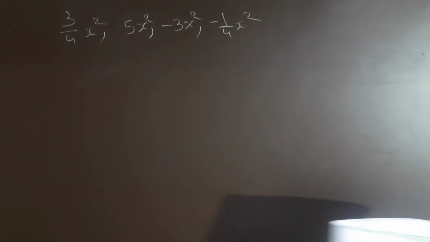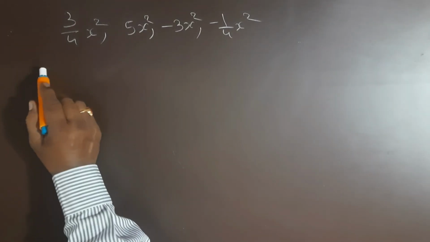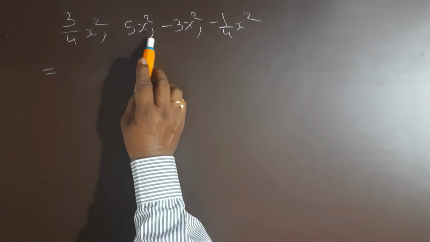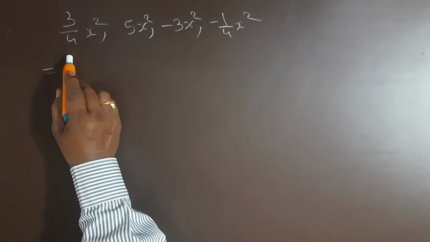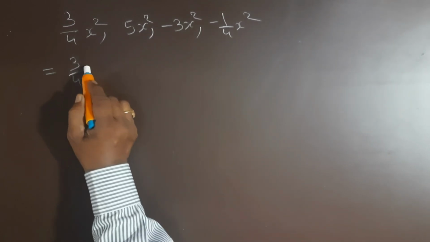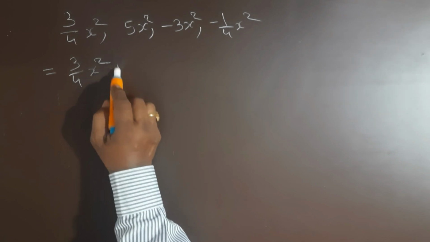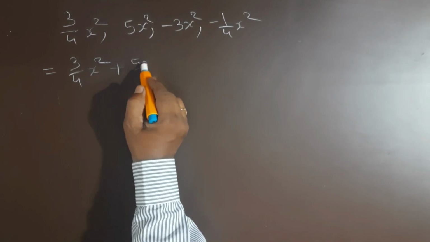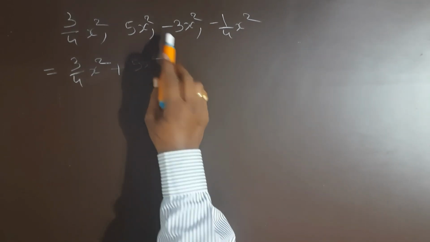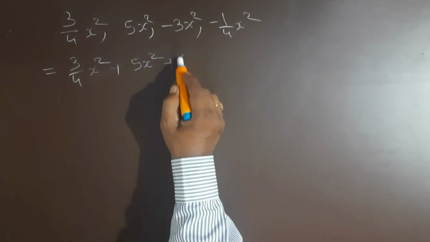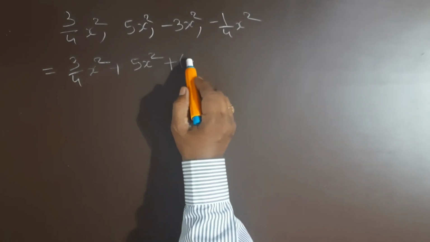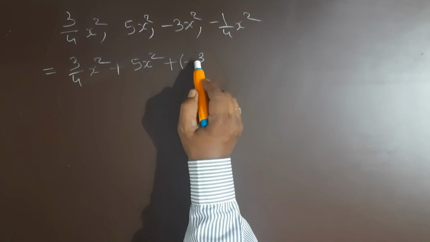Okay, so what we will do? We will give a plus sign in place of commas. Now 3 by 4 x square plus 5x square, again two signs we got, so we separate them by giving a simple bracket.